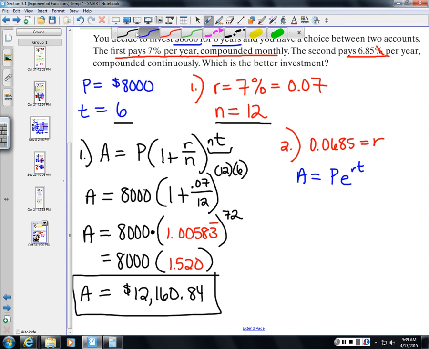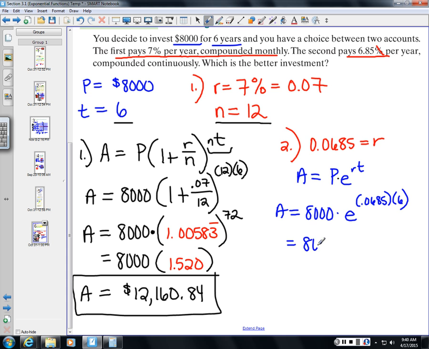Now, following the order of operations, we have to keep in mind that the P is times the e, and the e is what has the rt power here. So again, we'll have to make sure that we do exponents first. When I plug in what I have, my principal is 8,000, same principal, times e, and I'm going to raise that to the rt power. So 0.0685, and we're still using 6 for time. The only thing that's changed is the interest rate and the formula that we're using.